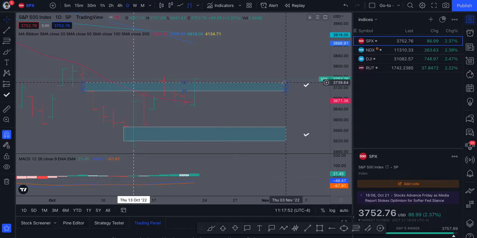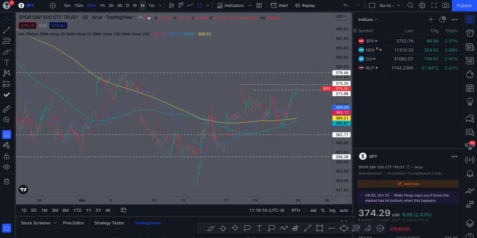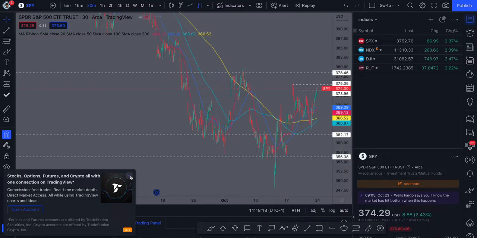So for the SPY, the ETF, you actually just move the decimal over. So see how that's 373.96 if you move the decimal over to the left. So that was my level right there, and that was my target. So it filled it here, and then it's always going to battle back with that. 9 out of 10 gaps fill, 90%. That's ridiculous. So it's a very valid tool to use.